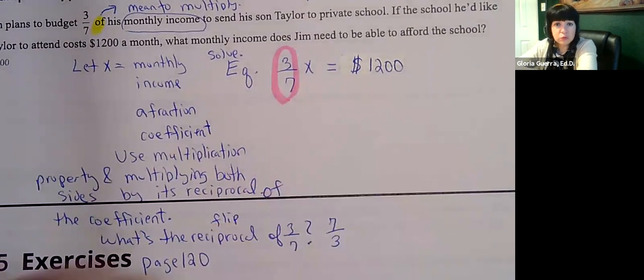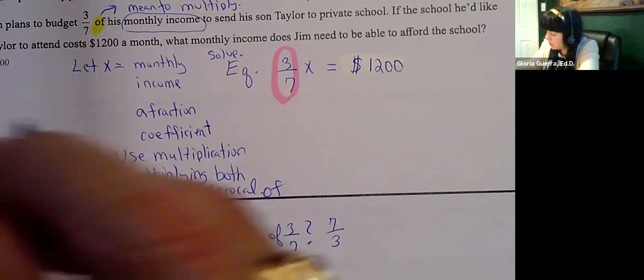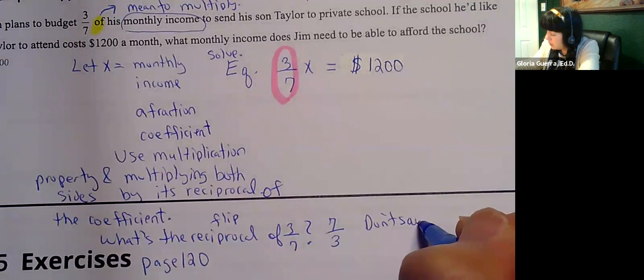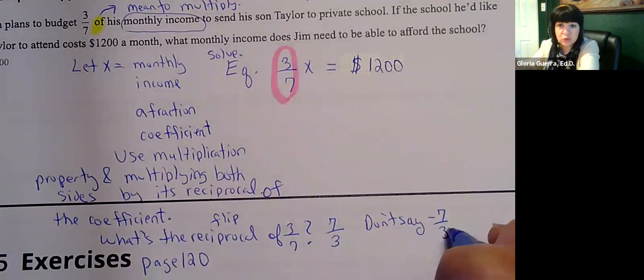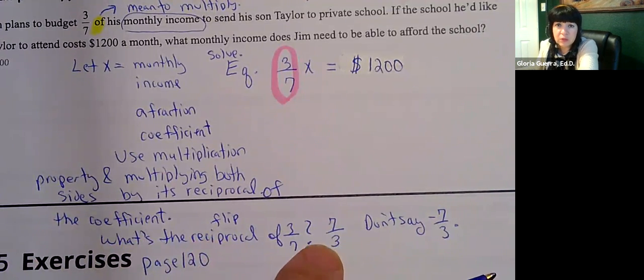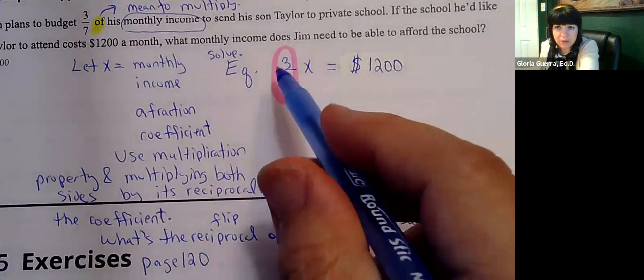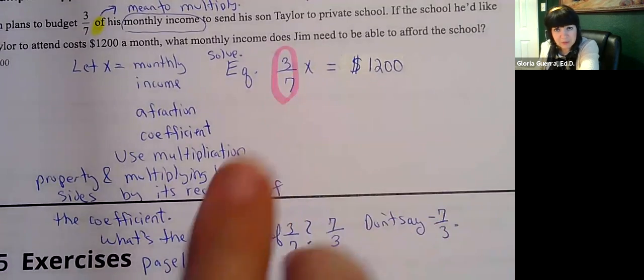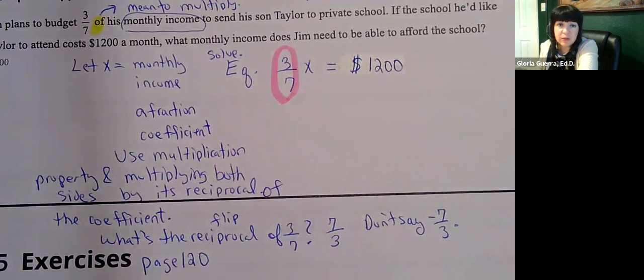Don't say negative, don't say -7/3, okay? That's not true. It's not telling you to take the opposite reciprocal. You don't take the opposite sign and flip it. No, you just flip it. Okay? So this is positive, so it's still going to be positive. If this were negative, then it would still be negative, okay? And you're just flipping it.